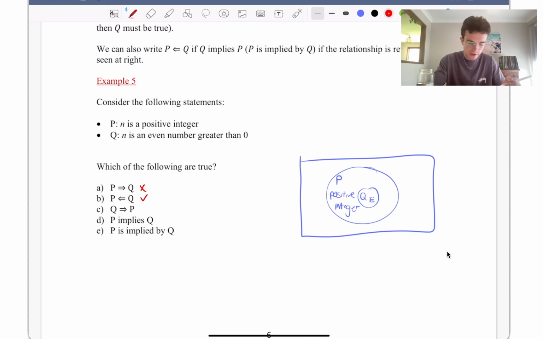That's the same thing as what we just said. So yes. P implies Q, that's the same as part A. No. P is implied by Q. Well, if we've got a Q, that means P is true. So yes, that is true there.